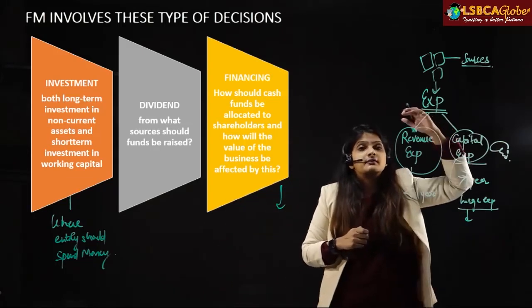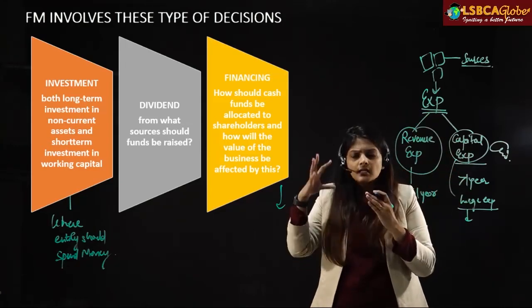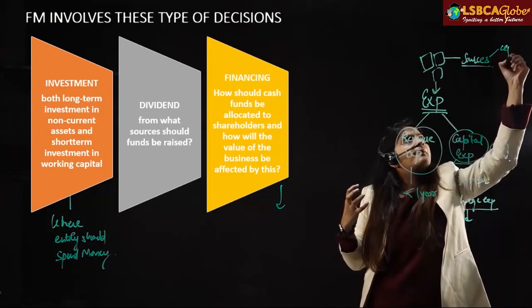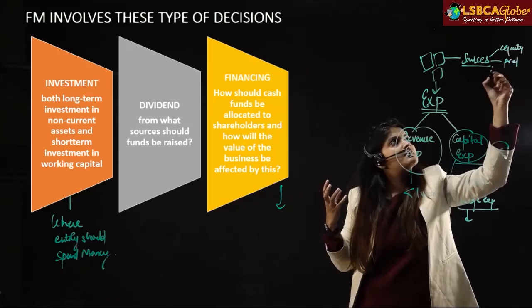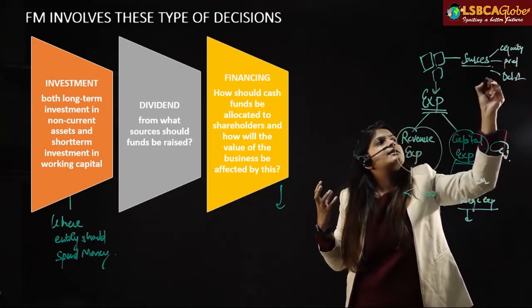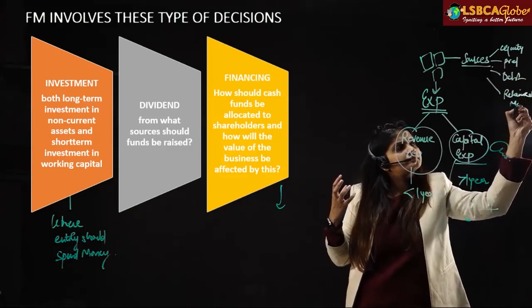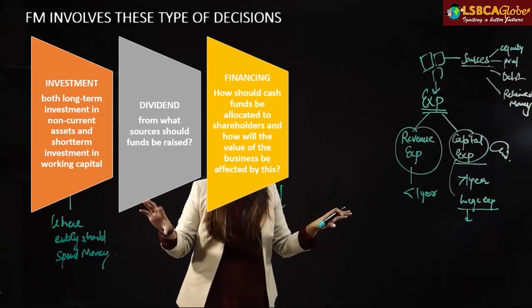What are the different sources? You have studied in your previous classes that the business can obtain money by way of equity share capital, preference share capital, debt capital, or retained money. So a business can get finance through different sources.